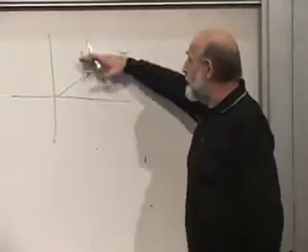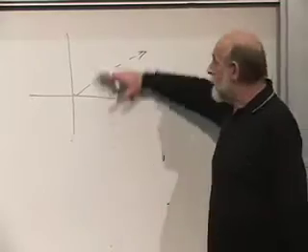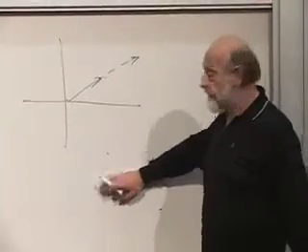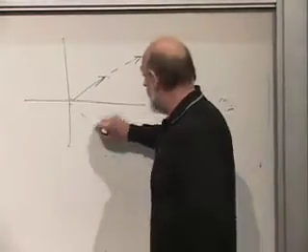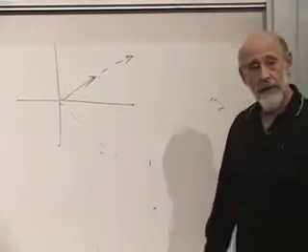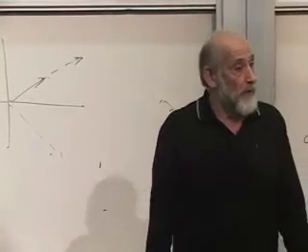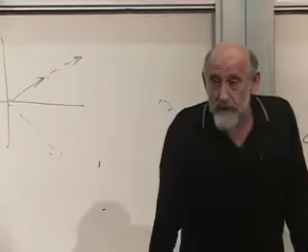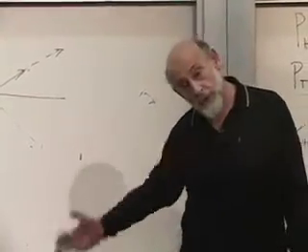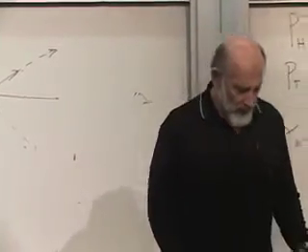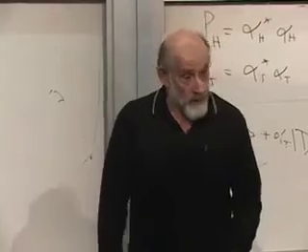Take every vector and reflect it. Reflect it about the x-axis. So take this vector and replace it by this vector. That's an operation that you can do on the vector space. Every vector goes to some unique new vector. That's also a linear operator.